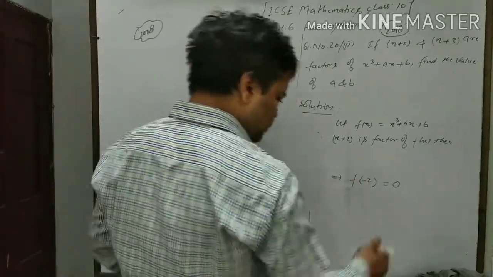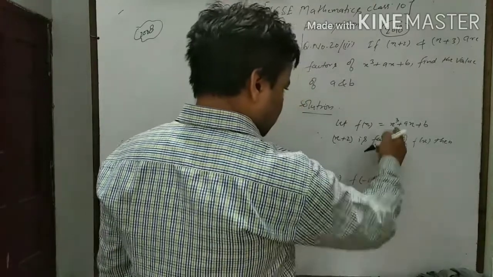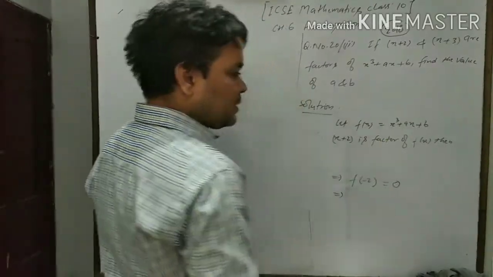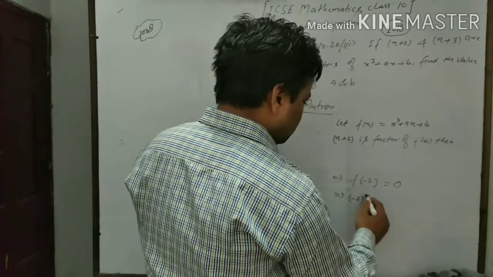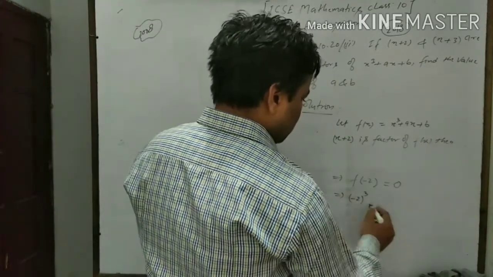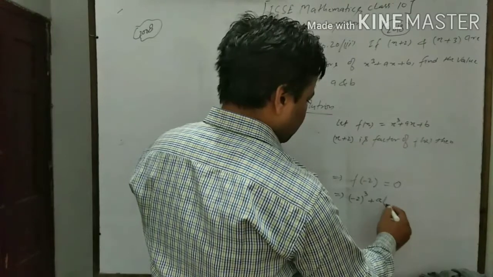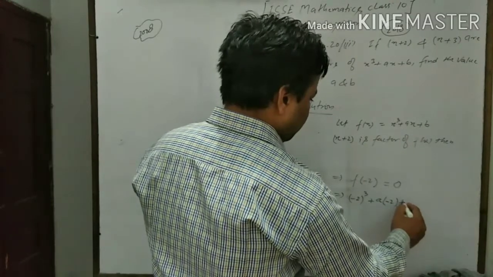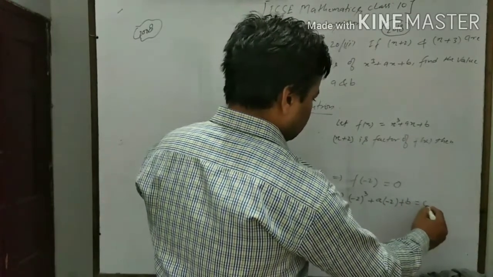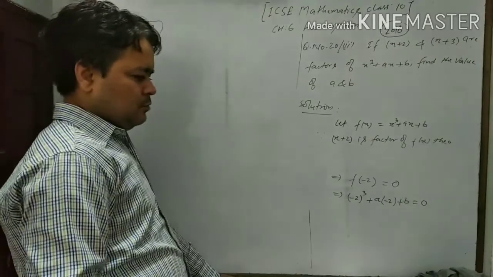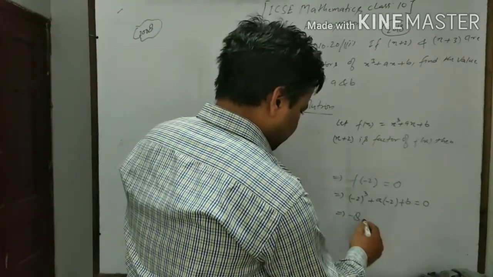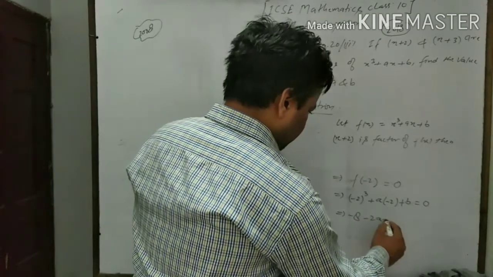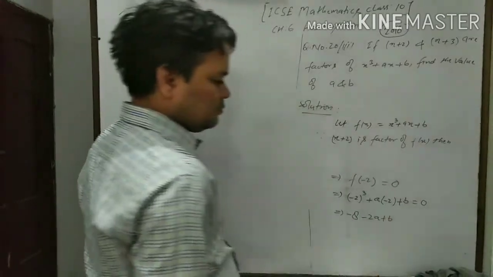Now here put the value of x as minus 2, then (minus 2) whole raised to the power 3 plus a into minus 2, plus b is equal to 0. And what is the value of this? That is minus 8 minus 2a plus b.